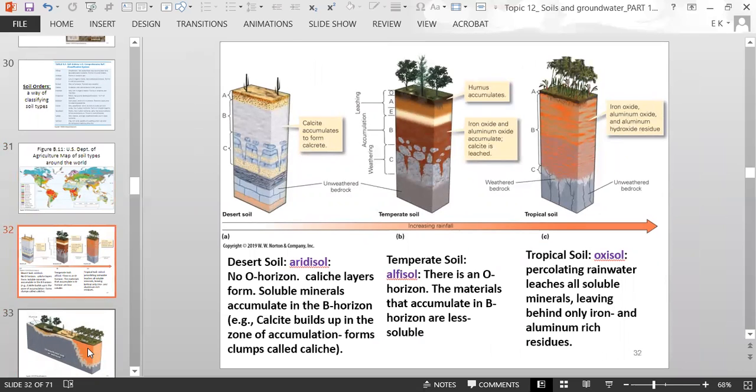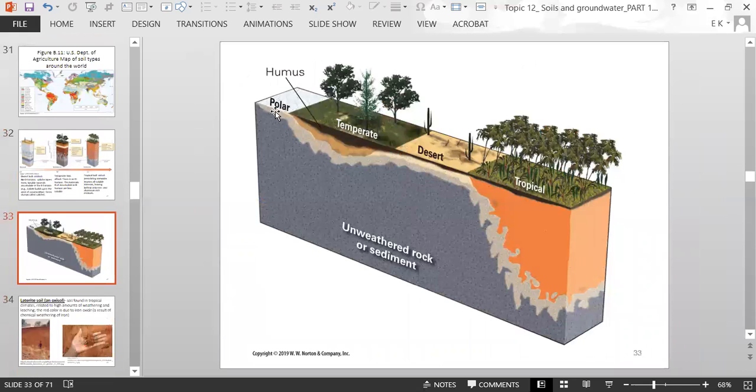So then I'm just going to skip ahead to this for a second, but this is showing you the thicknesses of different soil layers. So tropical soils are deep, very deep soil, right? The bluish purple color is unweathered bedrock or sediments, okay?